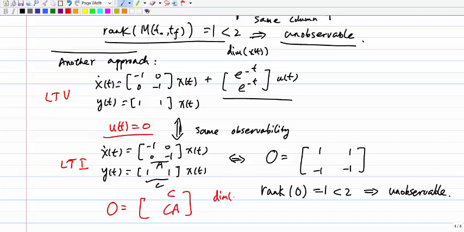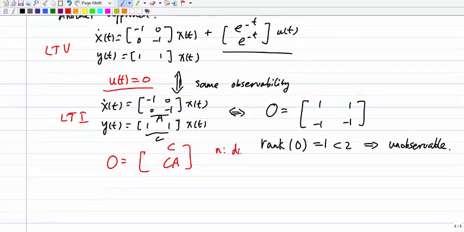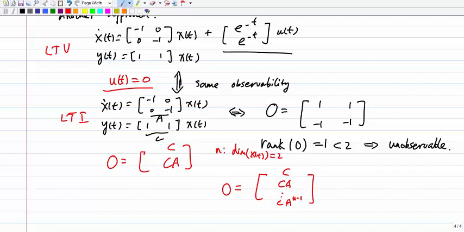My n is the dimension of x(t) here, which is 2, so my O originally has to be C, CA, until CA^(n-1). So n is 2, and you go from C until C times A. That's why I only have 2 terms. The C itself is 1 0 1.